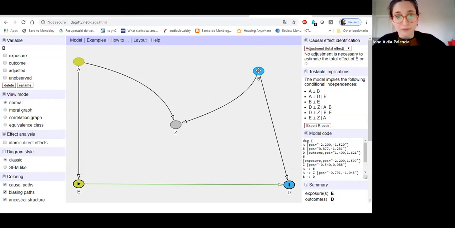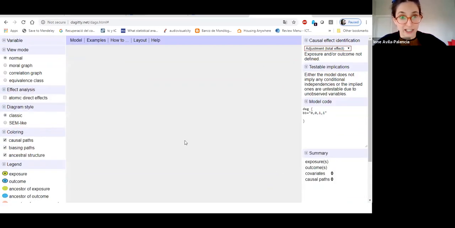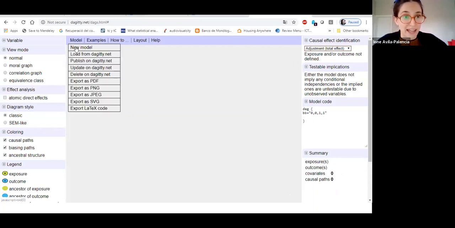And you have different options. Here on the top, you have this model option that mainly gives you the option of a new model. If you click here, it gets cleaned, so you can start from the beginning. Another very useful thing is these export options that you can use when you are done with your DAG.